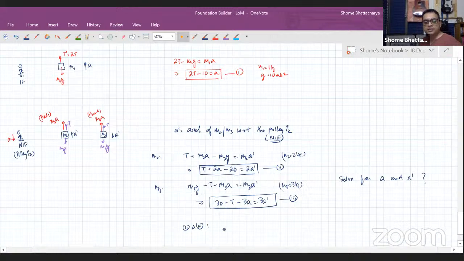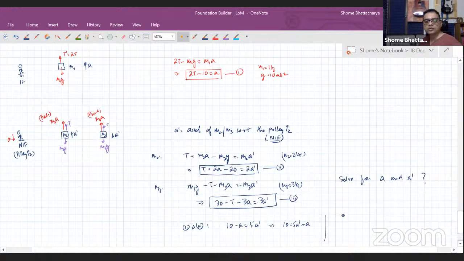So anyway, when I add these two equations, I'll have on this side 10 minus A, and on that side 5A prime. So I'll have this relation that 5A prime plus A is equal to 10. Okay. And similarly, what I can do here is I can use equation 1 and 2.